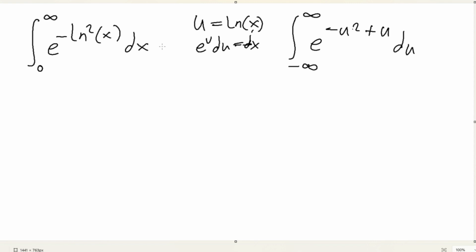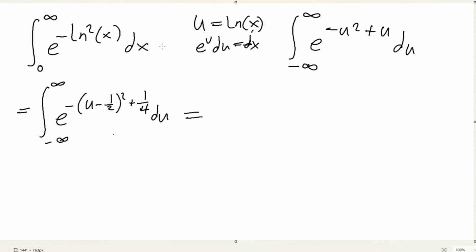And now we have this. Here, you have no choice but to complete the square. So we'll go ahead and complete the square. This actually becomes u minus a half squared plus 1/4 du.